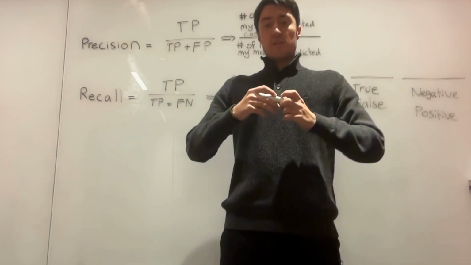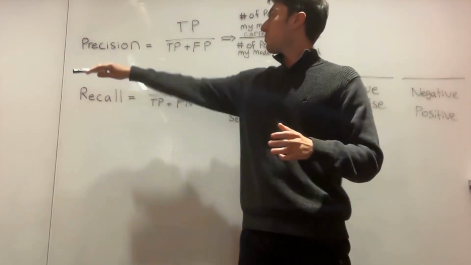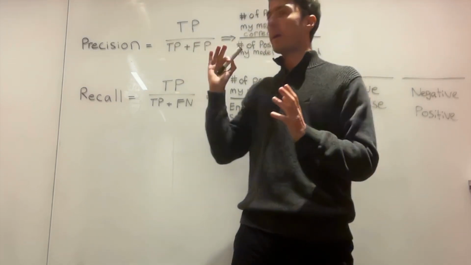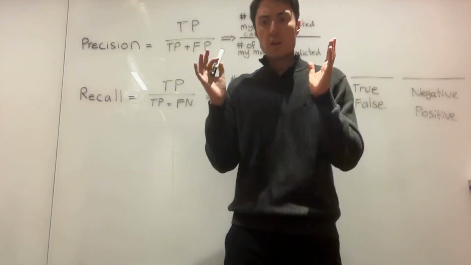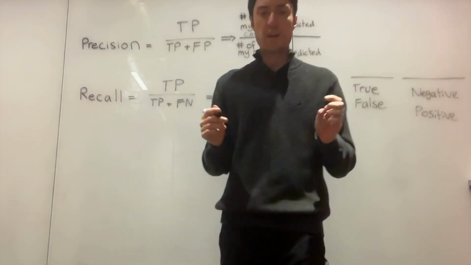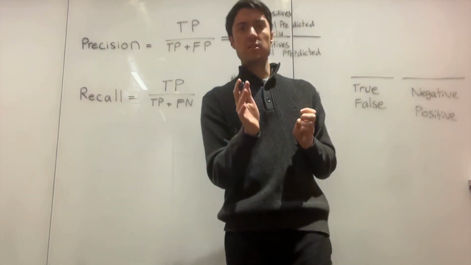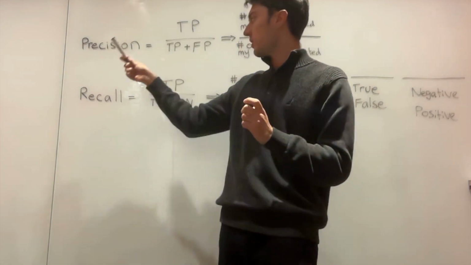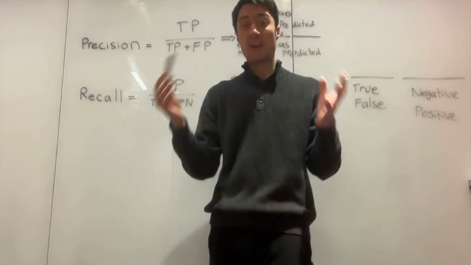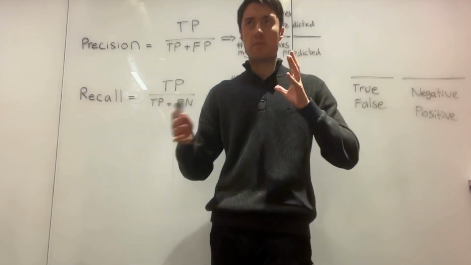So here is the general idea. Precision is when you are worried about crying wolf. You don't want to keep saying everything is positive, right? In the context of precision and recall, it's fairly common to talk about cancer as the example.